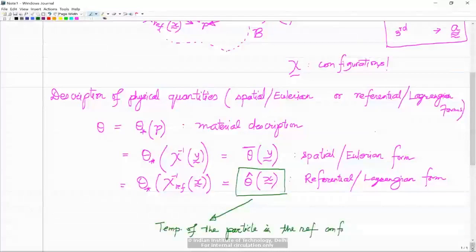This is not correct. It's just a way to write down temperature. I'll put a cross sign here.